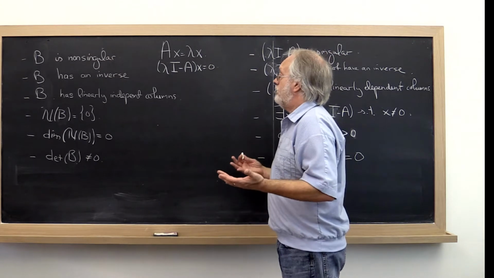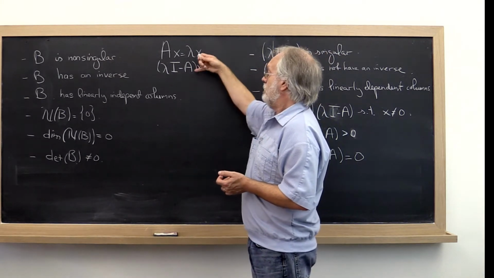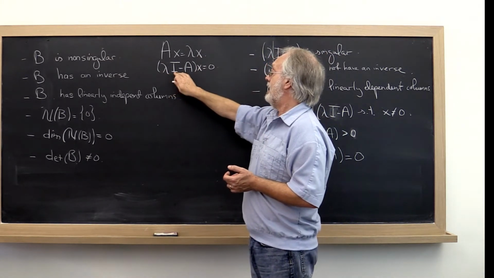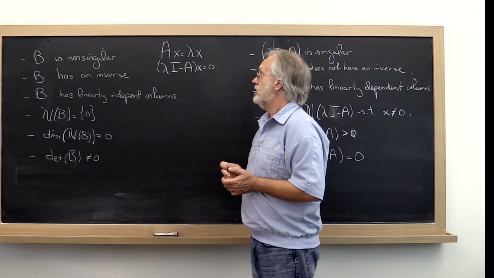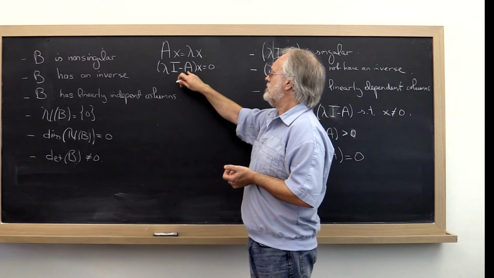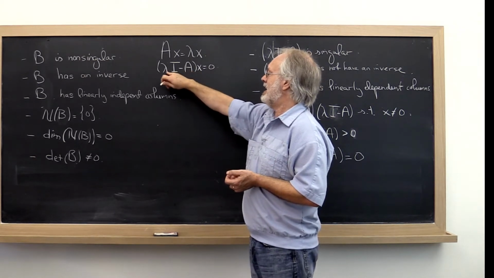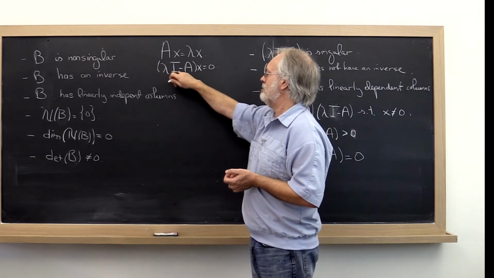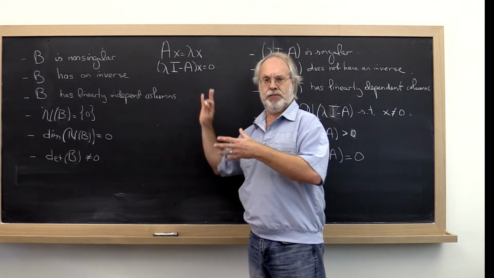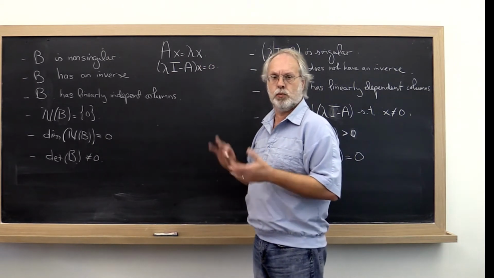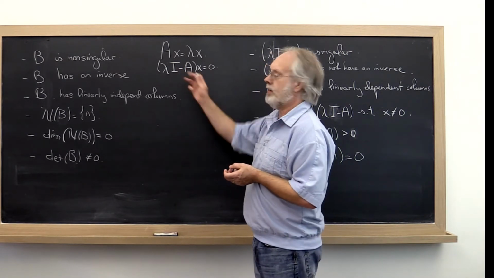Alright, now this can be rewritten as (λI - A) times x is equal to 0. And in a lot of courses you see this written as A - λI versus λI - A. Obviously, since there's a 0 on this side, we can always multiply both sides by -1 to flip that around, right?